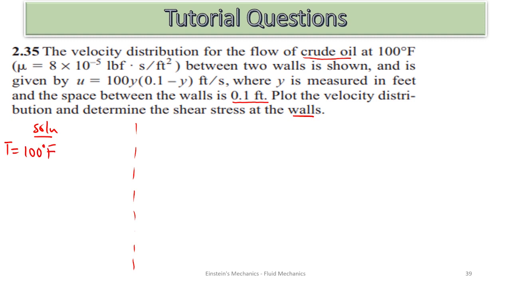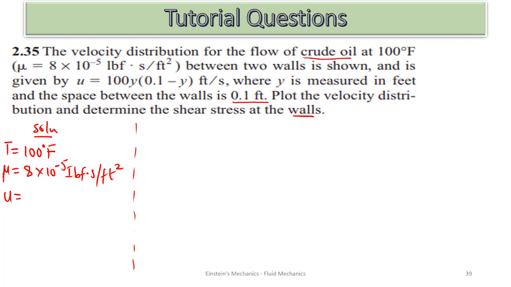We have it, and for crude oil at 100 Fahrenheit, its viscosity mu is 8 to the power negative 5 lbf second per feet square. So we have it between the walls, and its velocity is given.